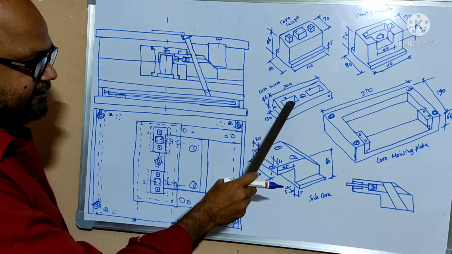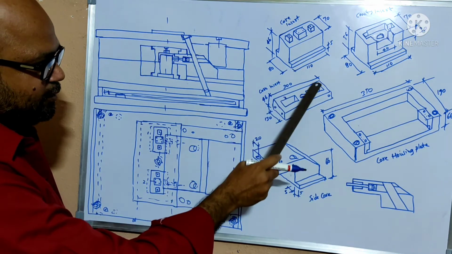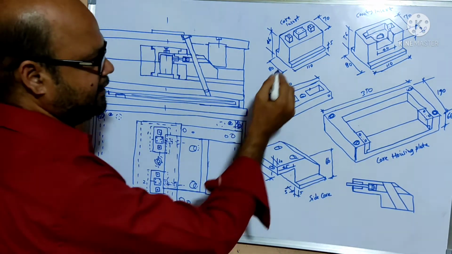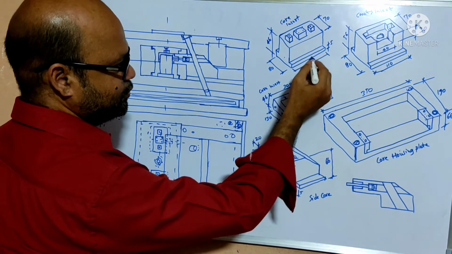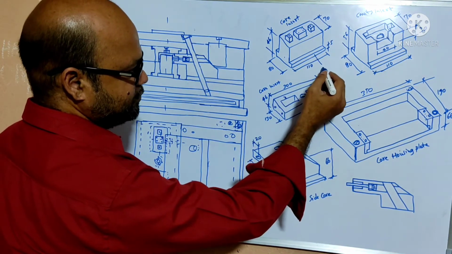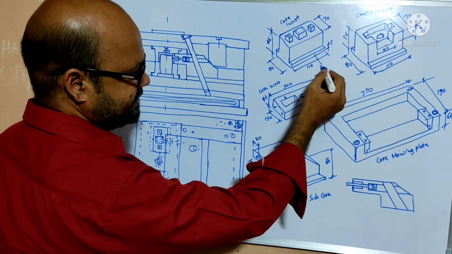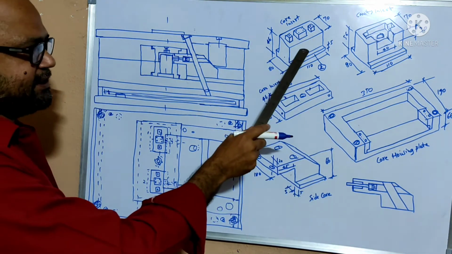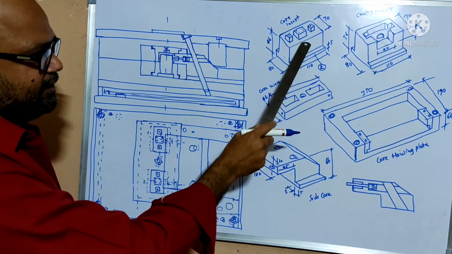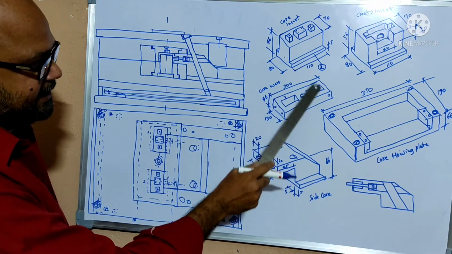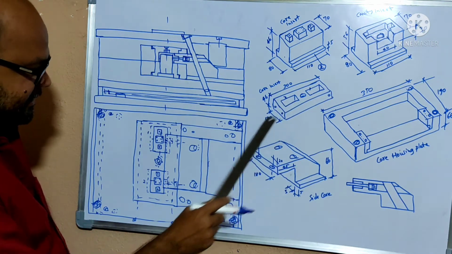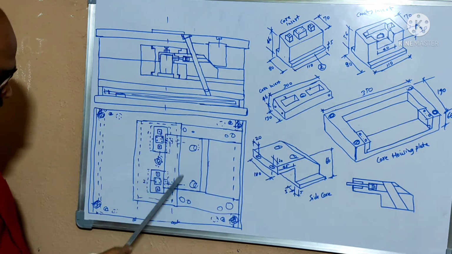Here this one is 1 and this one is 2, because the cavity is 2 and the quantity is also 2. This core insert is 2 quantities. One is placed here and the similar one is placed here, and with the assembly I am showing here the top view.